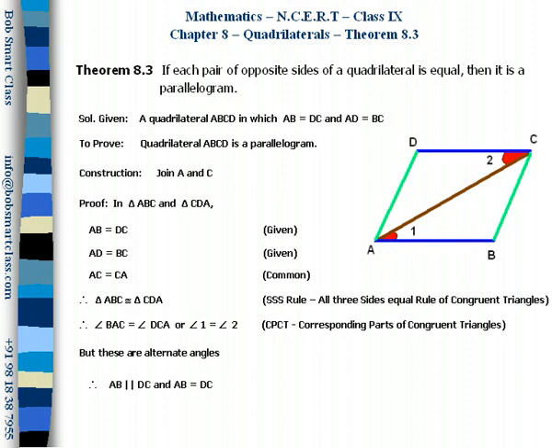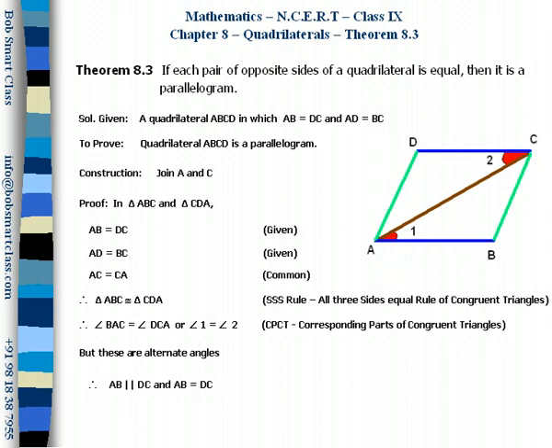Similarly, angle DAC equals angle BCA, which are also corresponding parts of these two congruent triangles. Now these are also alternate angles of AD and BC.